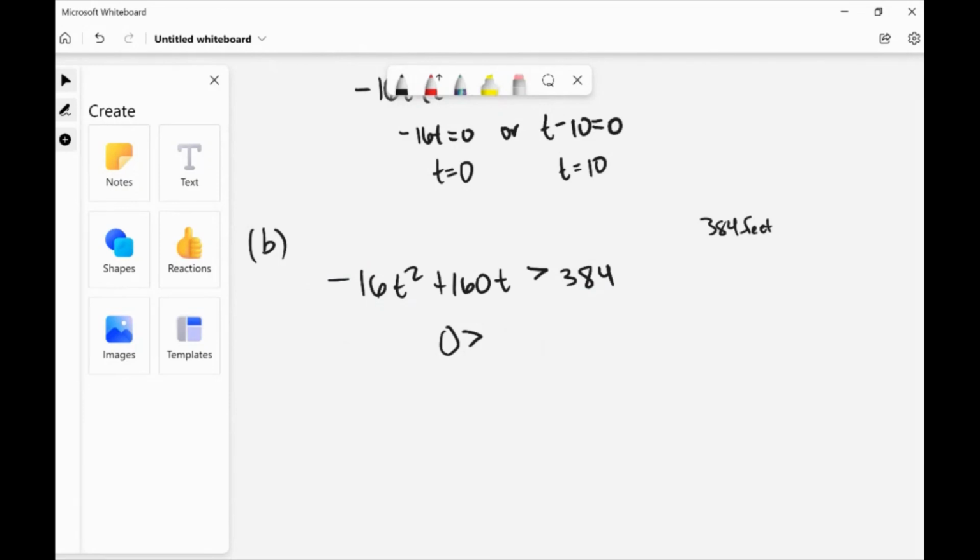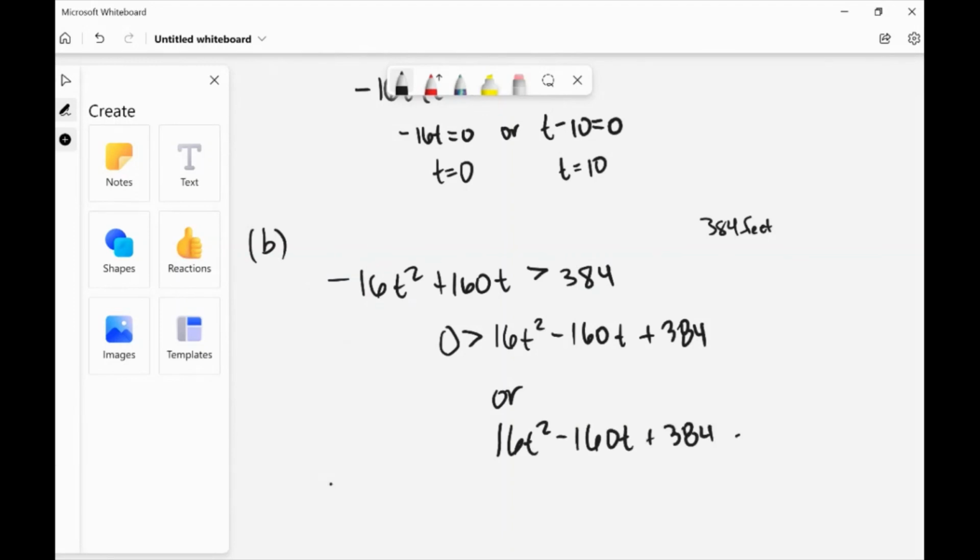So whatever you decide to do, as long as you know you have to flip the inequality if you divide by a negative number. So that'll be 16t squared minus 160t plus 384 less than 0. Same thing, I just wrote it a different way.